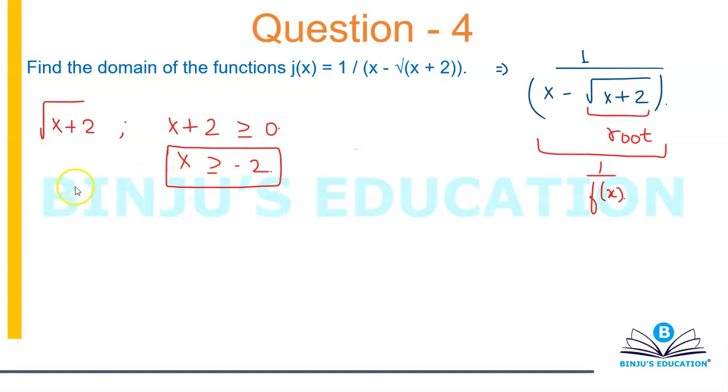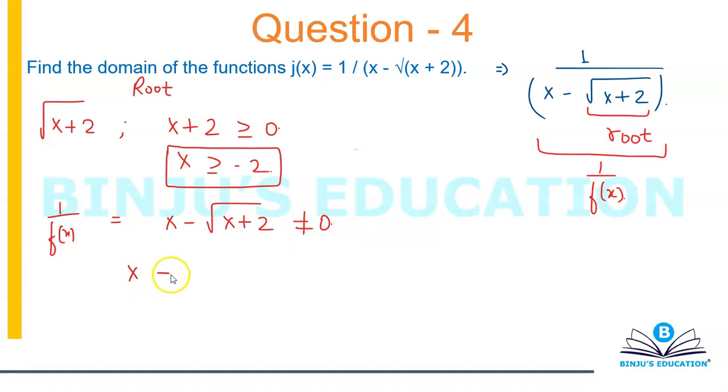Next, let's talk about the 1 over f(x) part. I need to ensure that x minus root of x plus 2 should not be equal to 0. So x should not be equal to root of x plus 2. Squaring both sides, I get x square should not be equal to x plus 2.